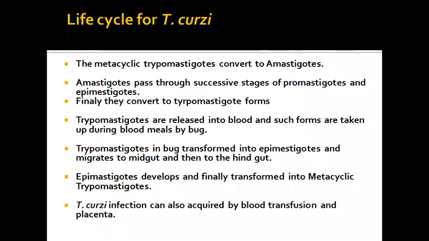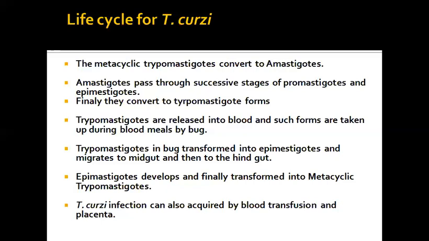So these trypomastigote forms enter the vector, and inside the vector they are transformed into epimastigotes, and then they migrate to the midgut first and then to the hindgut. These epimastigotes finally transform into the metacyclic trypomastigotes in the hindgut of the vector. Trypanosoma cruzi infection can also occur by blood transfusion and by congenital transmission.